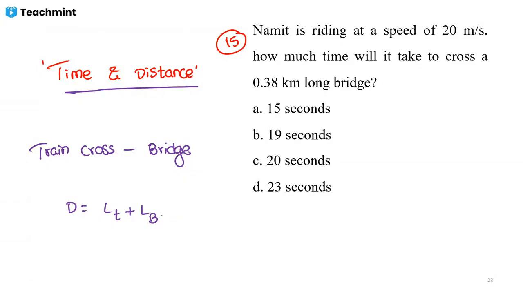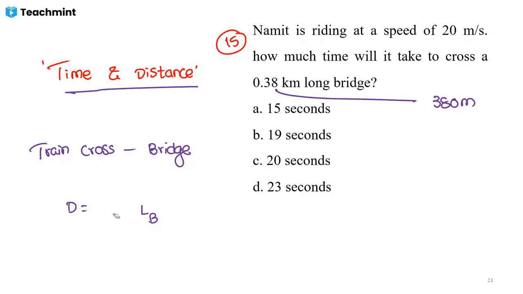Okay. So bridge length is 0.38 kilometers, and speed is in meters per second, so you need to convert this into meters. You multiply with 1000, we'll get 380 meters. Now Namit is riding at a speed. So the train is not there.